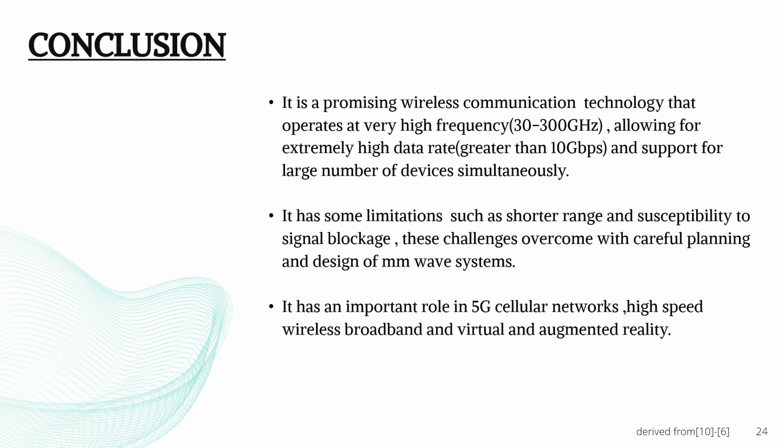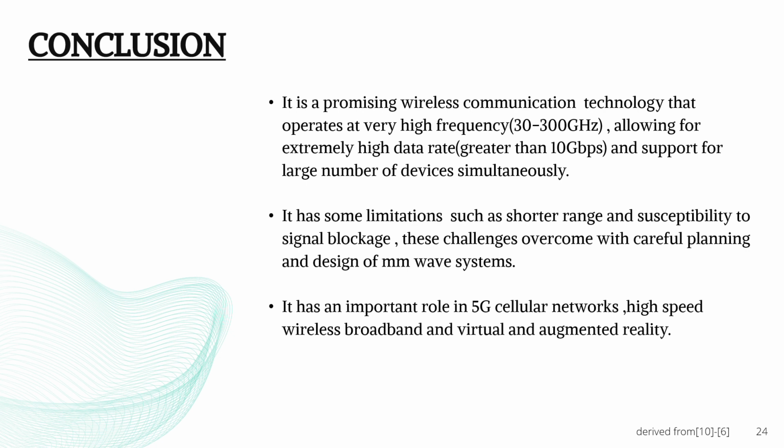There is a modem present in the house, and they can access the broadband connection. So these are some of the main applications of millimeter wave: small cell deployment, wireless backhaul, point-to-point links, 5G wireless communication, and fixed wireless access.